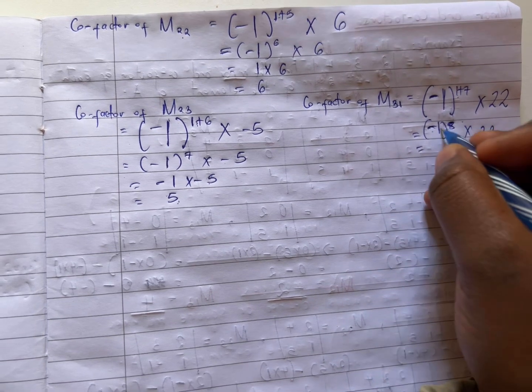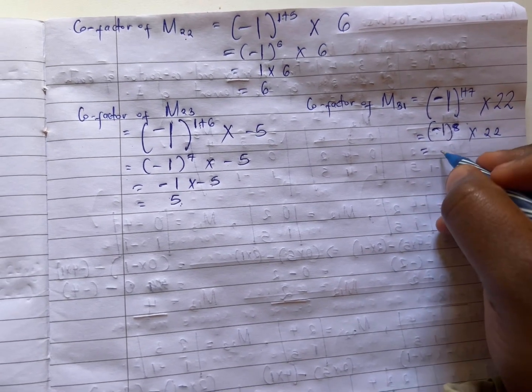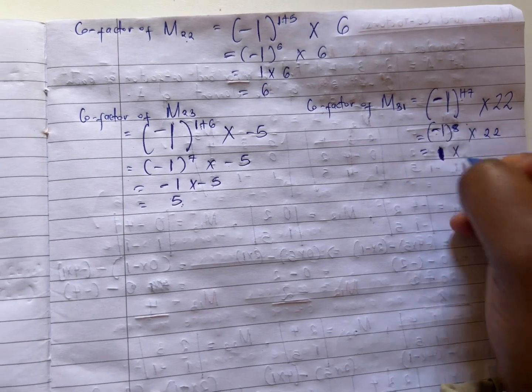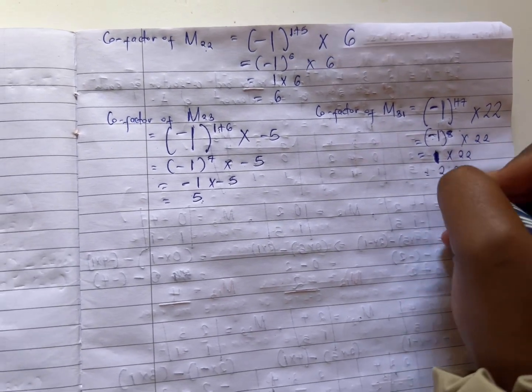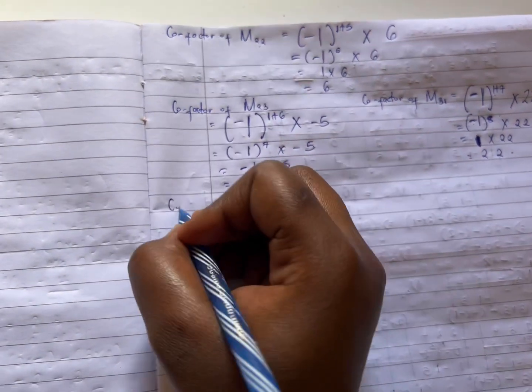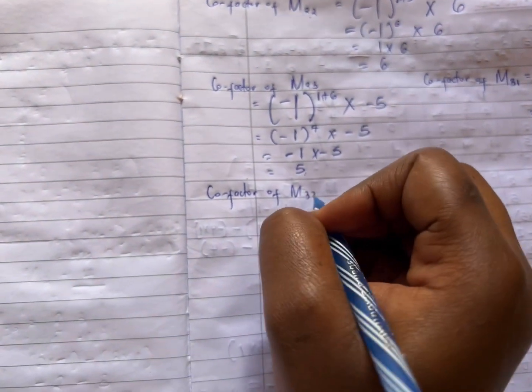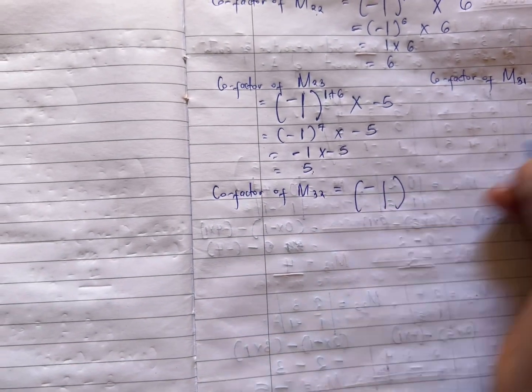So negative number power an even number. 4 is an even number, so it will be positive 1 times 22. Our answer is 22. Move to the cofactor of M32, negative 1.